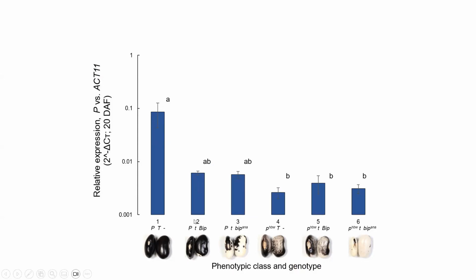We also see, it's not quite significant, but it looks like if you mutate T, there's certainly a major reduction in the expression of P. So you mutate one gene, and the downstream target has much lower average expression, and the two are not even close to overlapping.